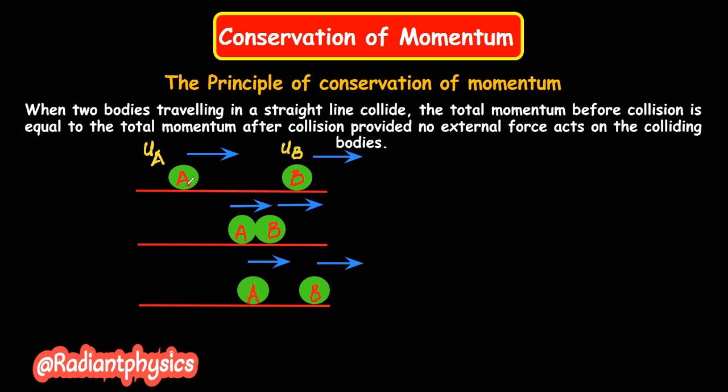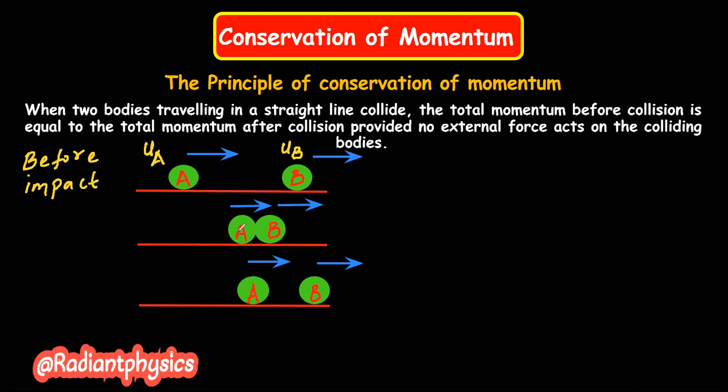These are two different balls at rest. So this is before impact or before collision. I'm going to write it at this corner, before impact. Impact and collision mean the same thing.